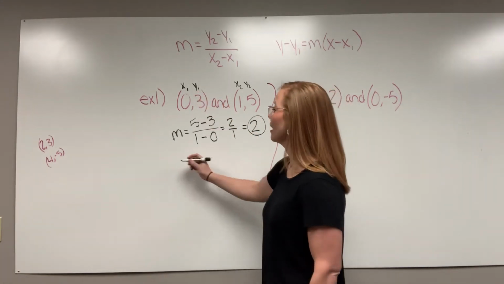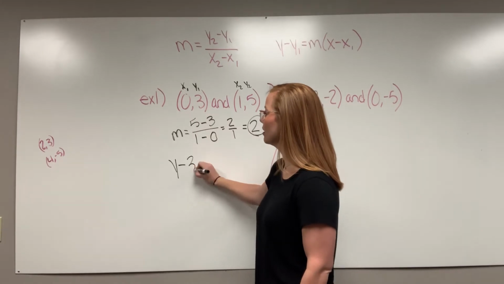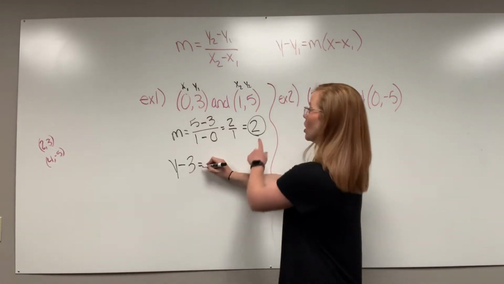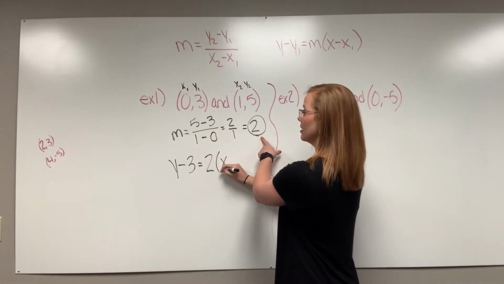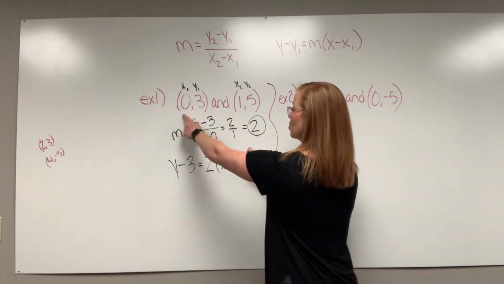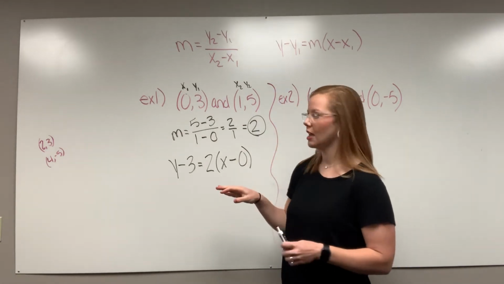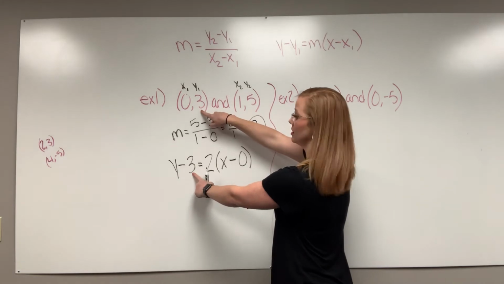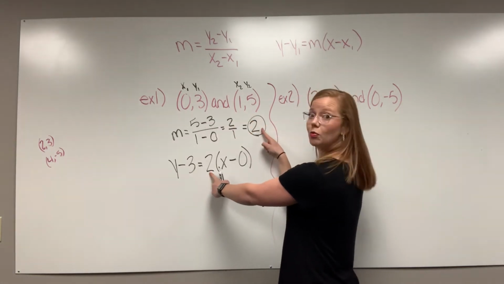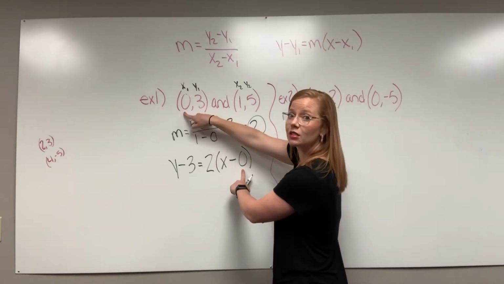So whenever we do that, we say y minus y1 equals the slope that we just found times x minus x1. So once again, I want to show you where all these numbers came from. This 3 came from y1. This 2 came from the slope that we just found. This 0 came from my x1.